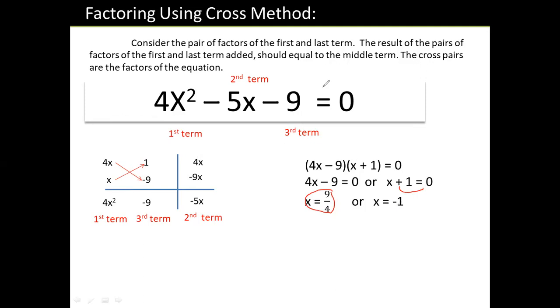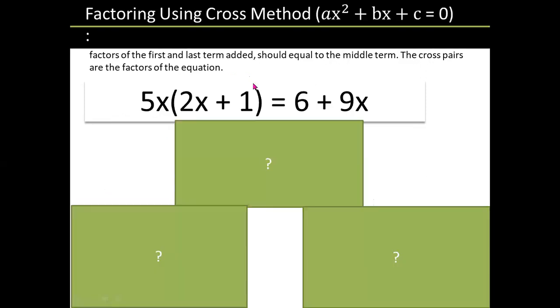Okay, some more. All right, what about this one? How will we factor this one out? Remember, we follow the quadratic equation, the standard format. ax squared plus bx plus c equals 0.